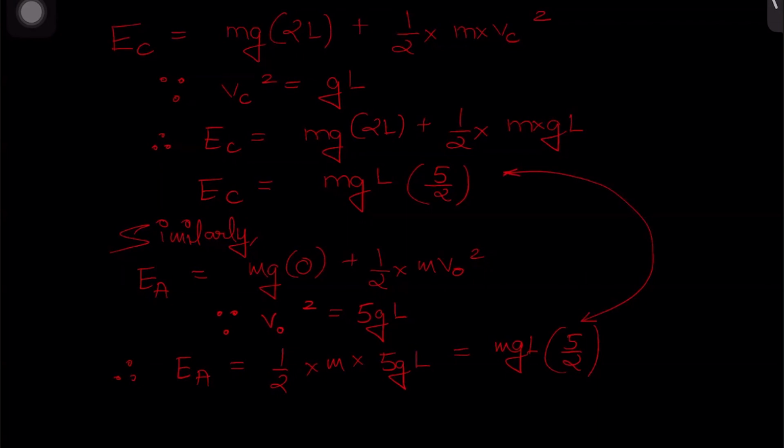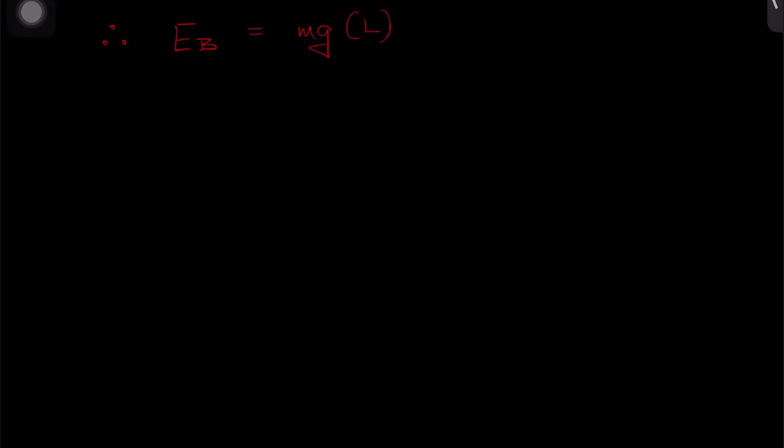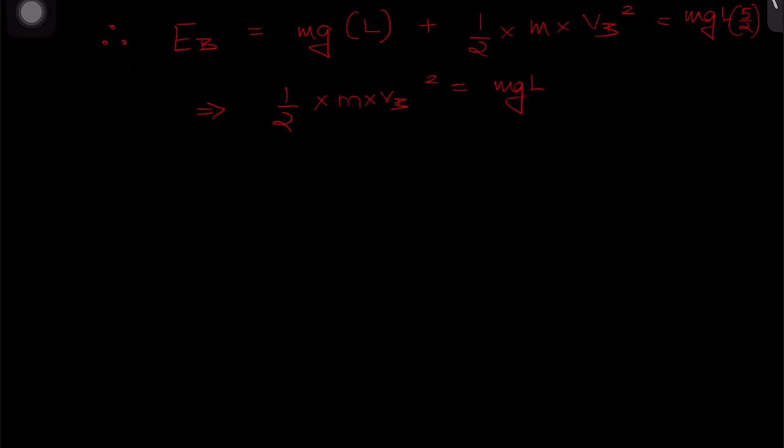Now let us use this concept here. What is the energy at B? Energy at B is mg into L, because only L height is raised, plus half m vB square, equated to mgL into 5 by 2. If I equate it, half m vB square is equal to mgL into 5 by 2 minus 1.